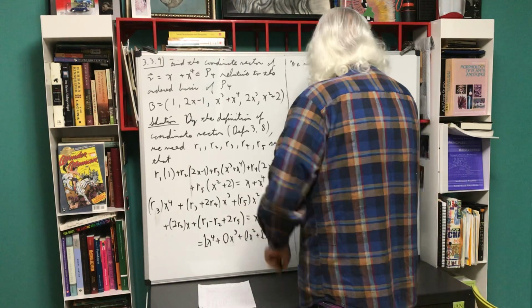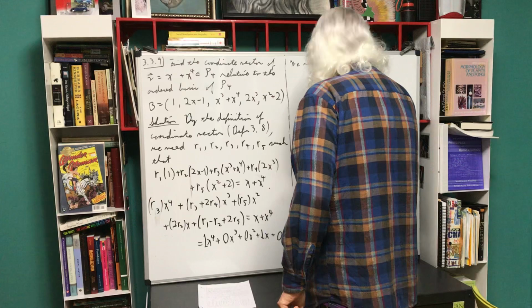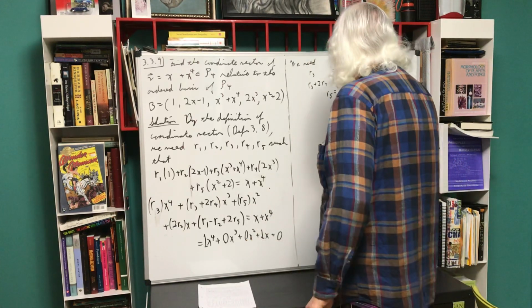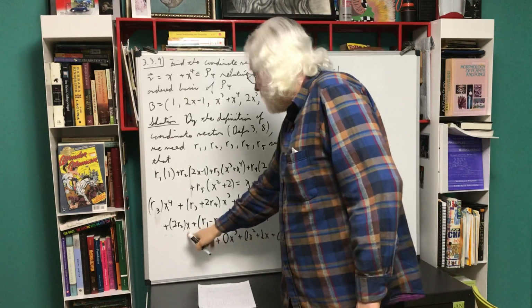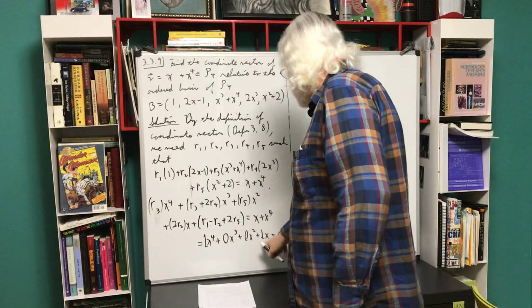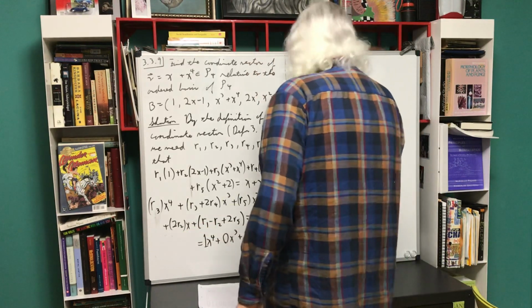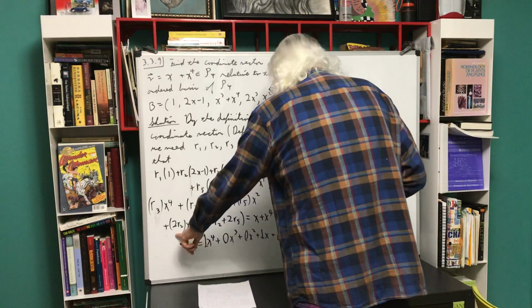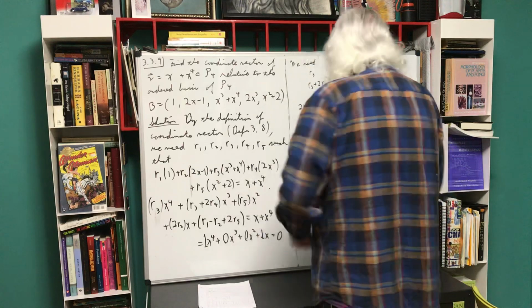Next, R5, the number of x squares, we need to be 0. X terms: we need 2R2 x to equal 1x.